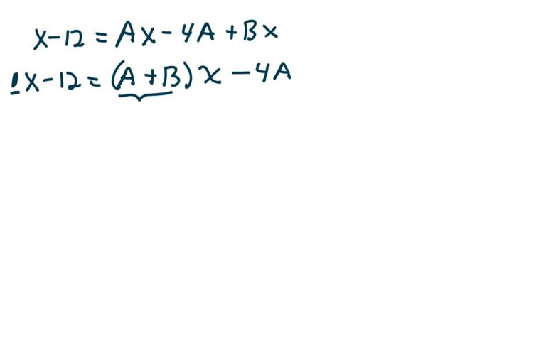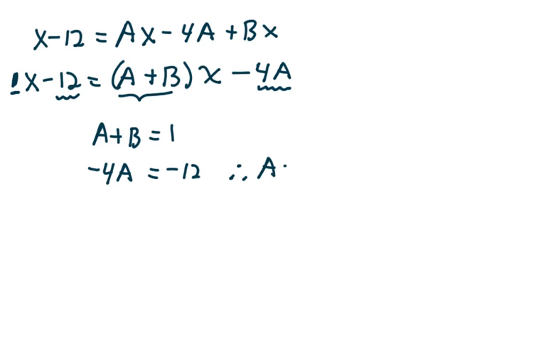So here, A + B has to be 1. And then -4A must be the same as -12. And so what that says is A equals 3. And if A equals 3, B must be -2 because 3 - 2 is equal to 1.